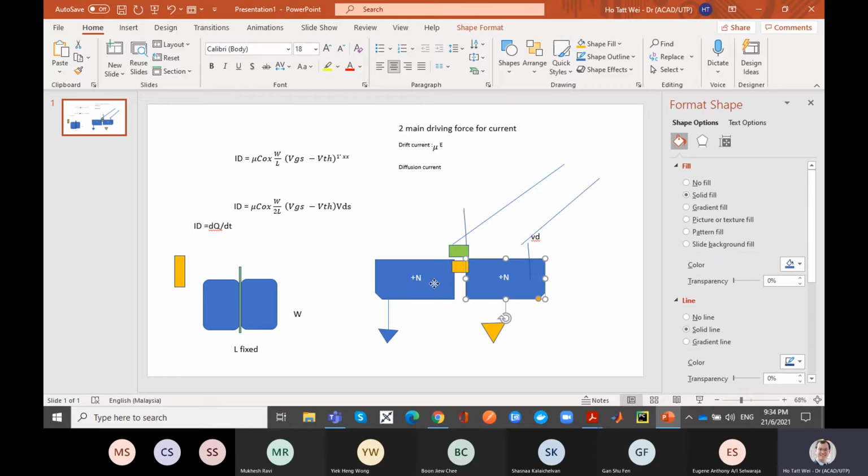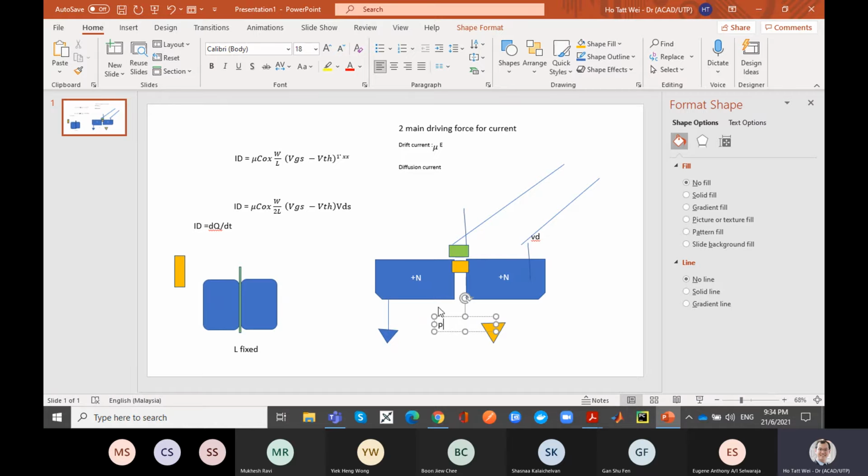Okay. And then you stare a bit more, and you realize that, yeah, this is a p-type, and this is an n+. And when I have p and n, what does that look like to you? I have a p and an n, and I have a junction. What does it look like to you?